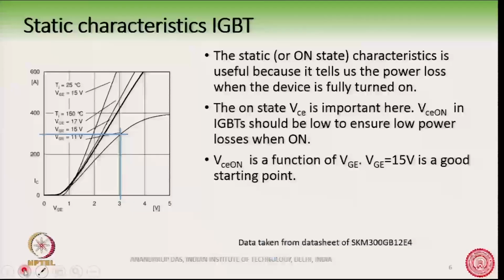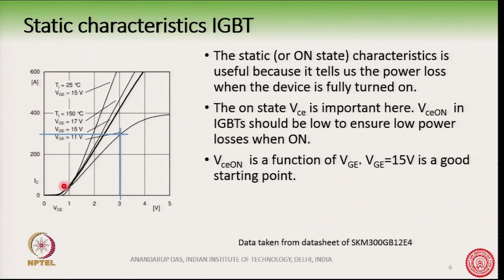How do I know what will be the behavior of the device when it is fully turned on? In order to understand, suppose we take an example of an IGBT first.